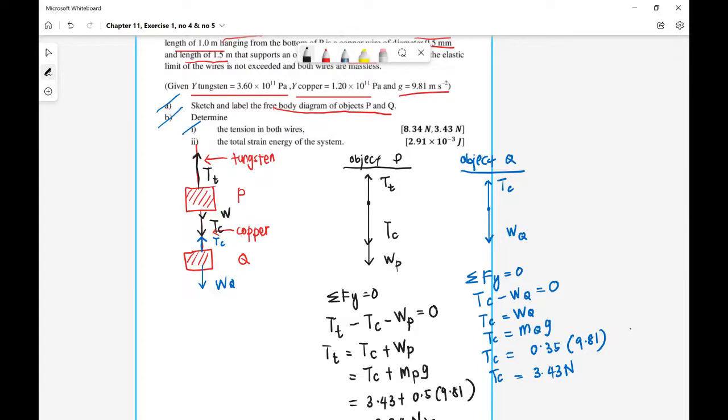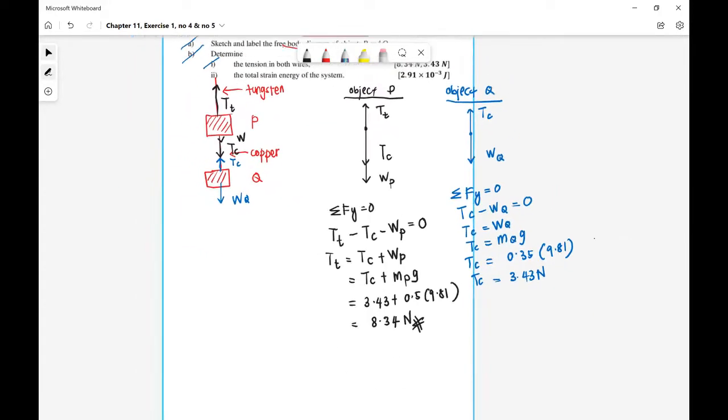Okay, based on concept chapter 4. And then question B part 2. Okay, question B part 2. The total strain energy of the system. Okay, strain energy.